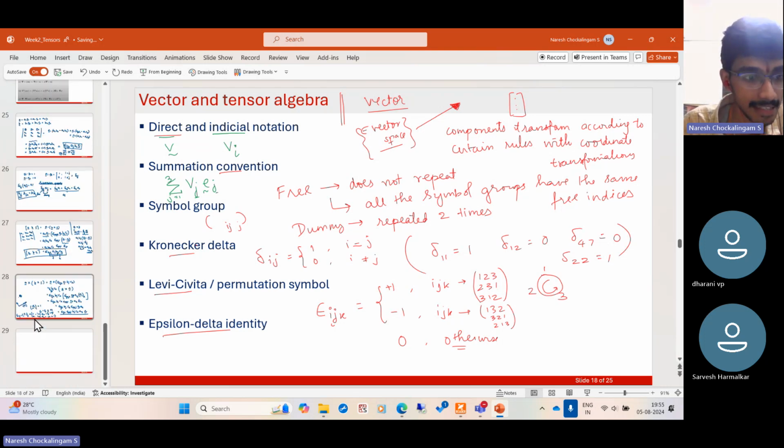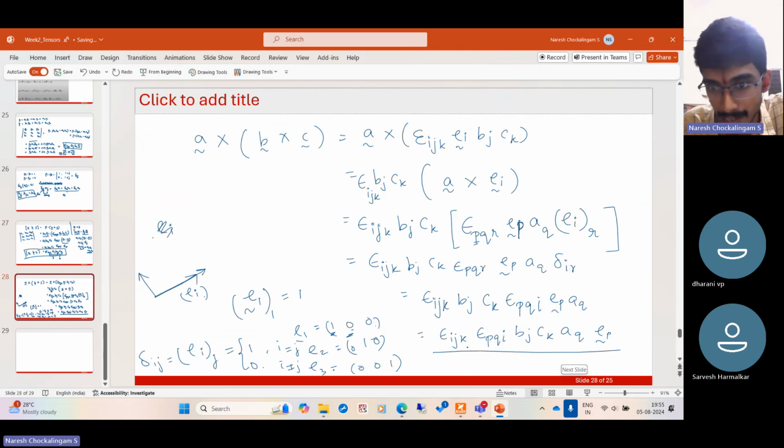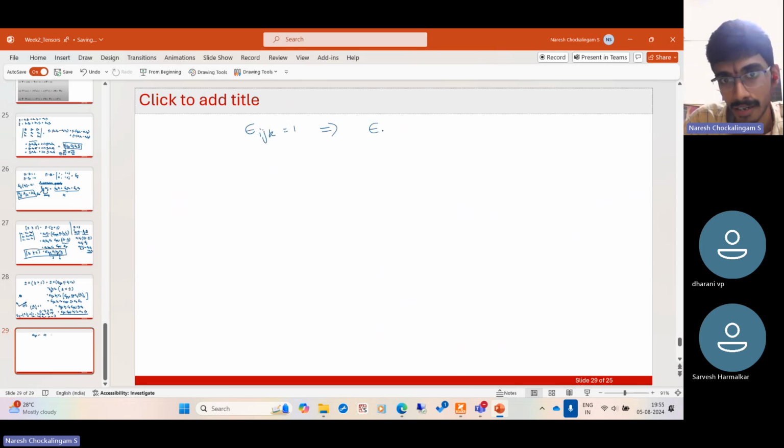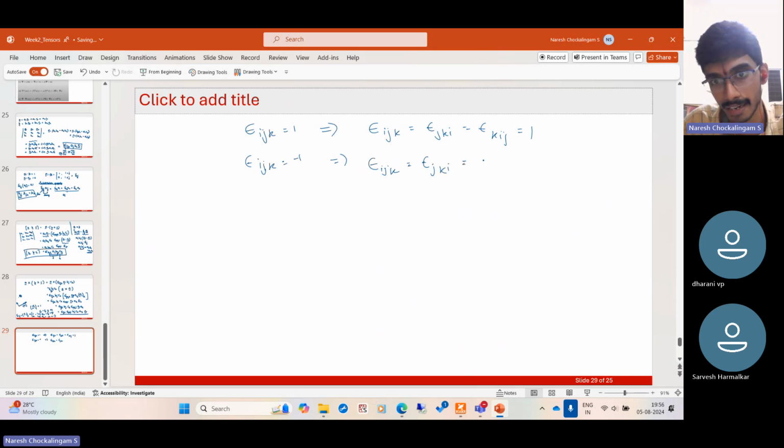So if epsilon_ijk is equal to 1, it means that epsilon_ijk, epsilon_jki, epsilon_kij are all equal to 1. And if epsilon_ijk is equal to -1, then epsilon_jki and epsilon_kij are all equal to -1, right?